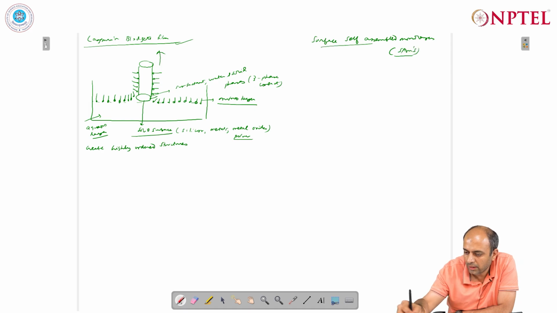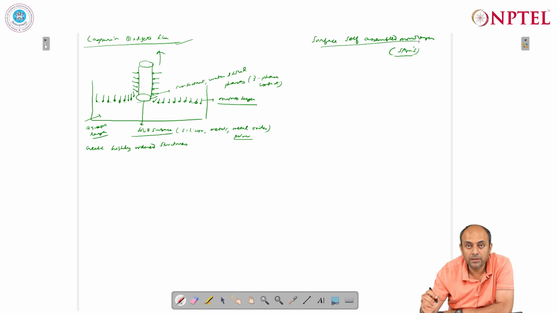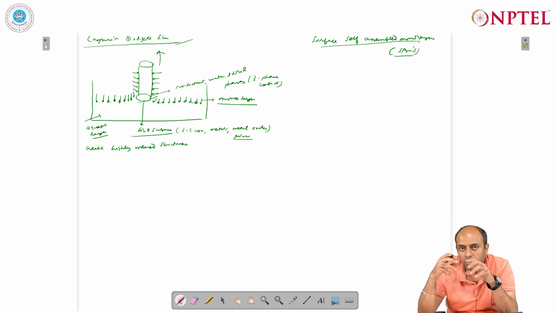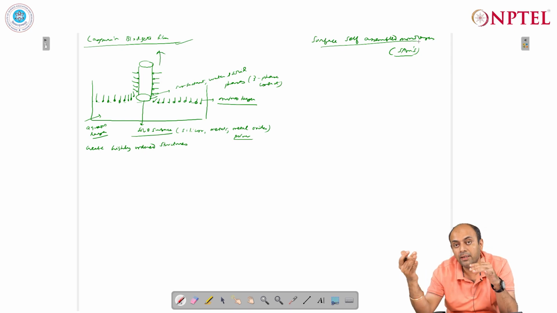And these surface SAMs, which contain densely packed hydrophobic chains, and which also constitute an ordered structure, can now be utilized to do some interesting chemistry at the interface, and compare these interfacial processes and the rates, for example, of different reactions at the interface in comparison to a process which is happening in the bulk.